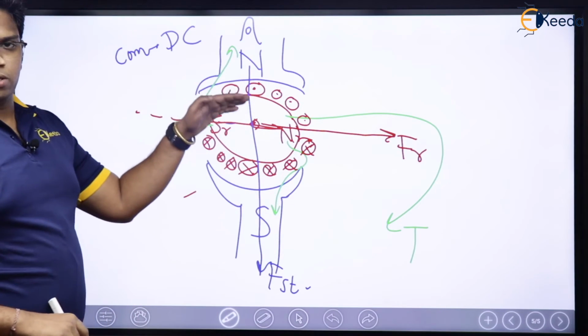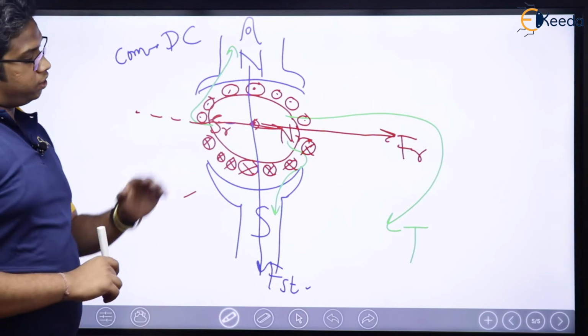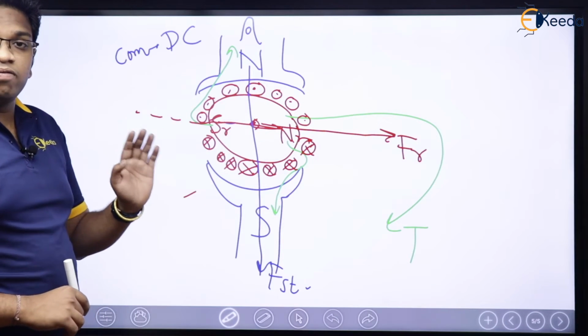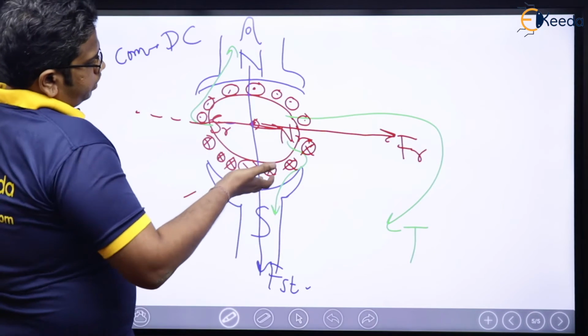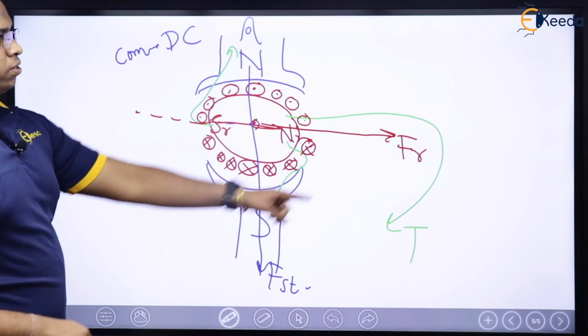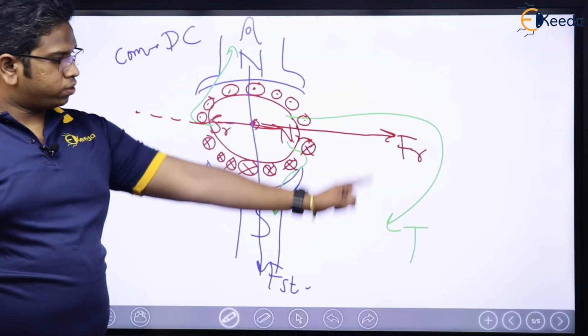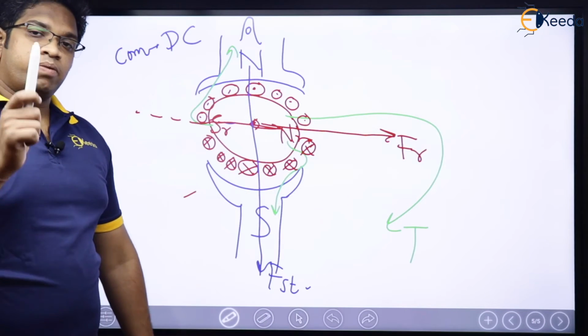In the upper portion, all have to be dot, and in the lower portion, all have to be cross, because then and only then will you have current entering here and coming out like this, and there will be the rotor MMF.